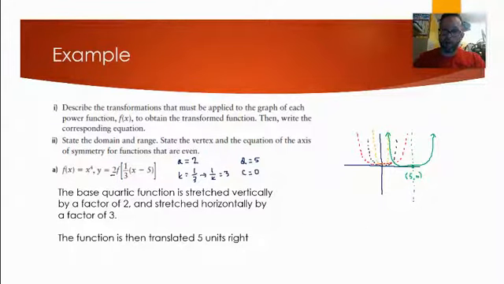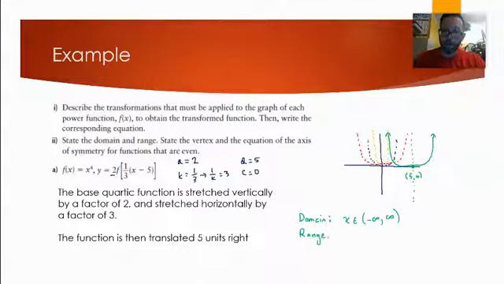So let's just wrap this up. I'm in green, so let's just stick with green. So the domain. For any polynomial function, x can be any real number. I'm going to use interval notation for that. Maybe for the next one, I'll use set notation just to mix things up. For the range, you can see the vertex is at 5, 0, and it opens up.